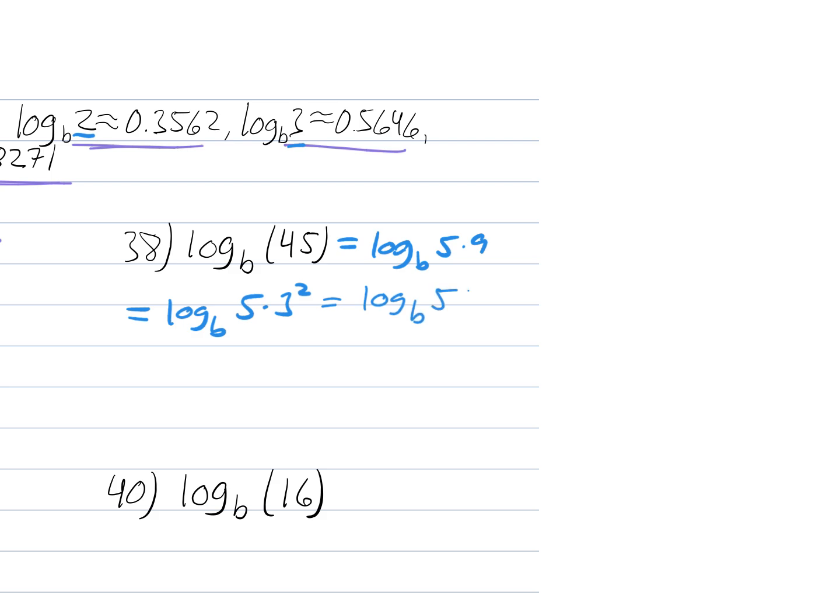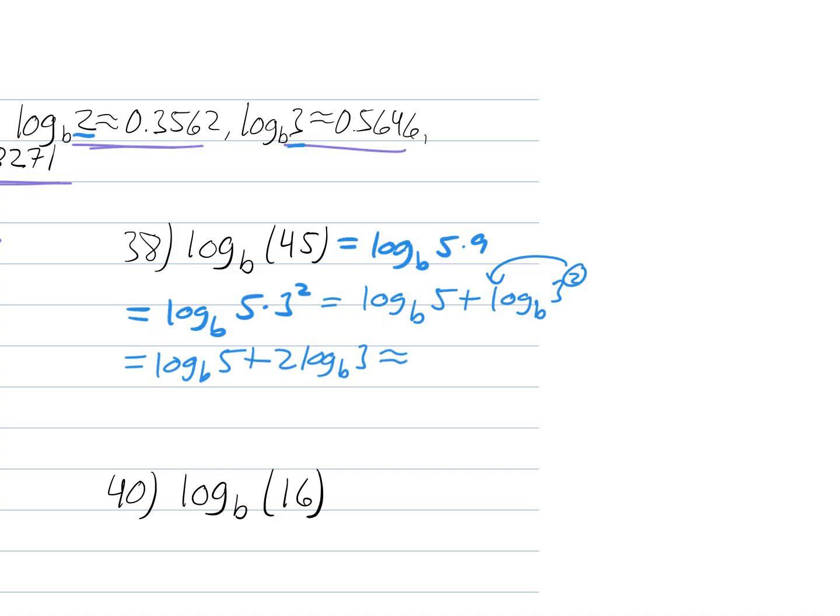So I get log base b of 5 plus log base b of 3 squared. But remember that exponent can go out front as your coefficient. So this is going to be log base b of 5 plus 2 log base b of 3.